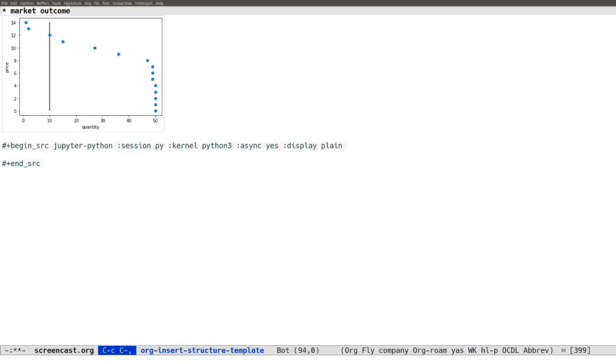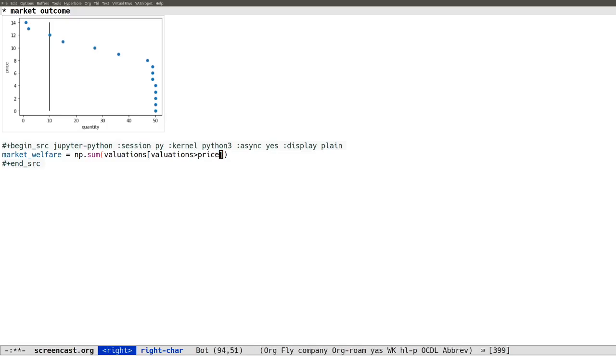Apologies for that, I pressed the wrong keys. So what is market welfare in this case? Well, again, it is the sum, as we had before, of valuations, but now for valuations that exceed the equilibrium price.